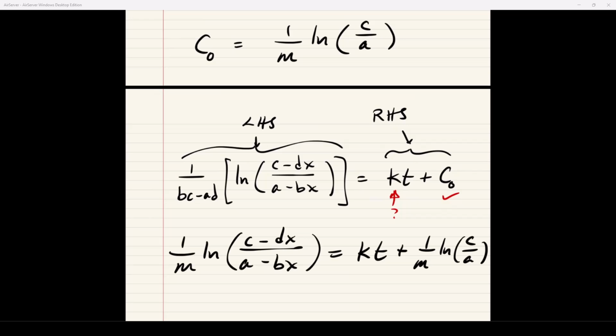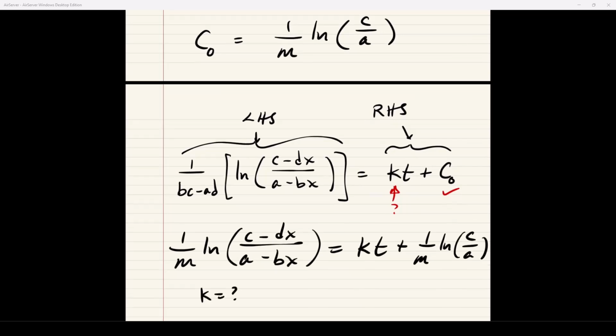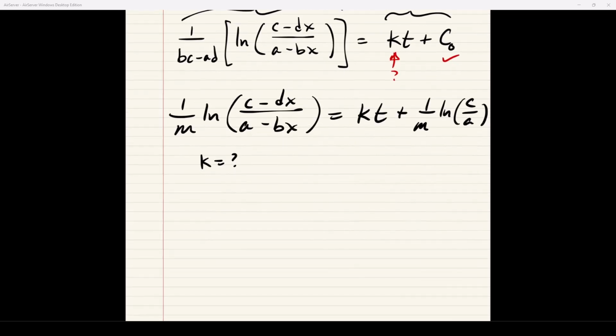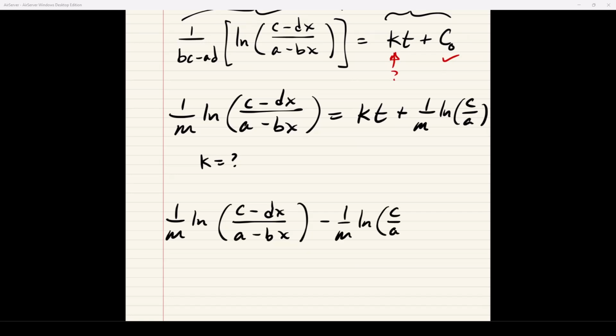And right now I'm trying to figure out what is the k. So to solve for k, how about we write 1 over m ln of (C minus Dx) over (A minus Bx) minus 1 over m ln of C over A. That would be k times t.